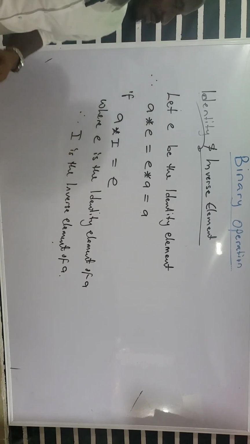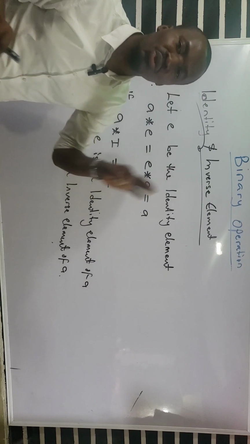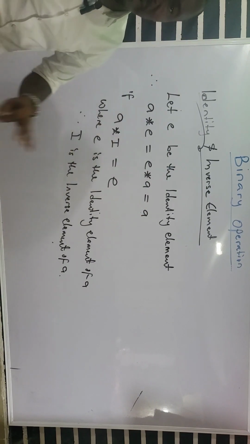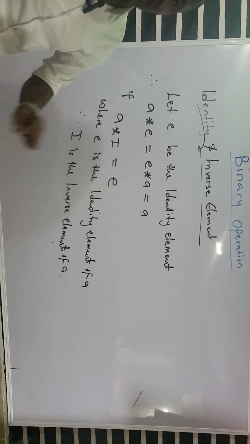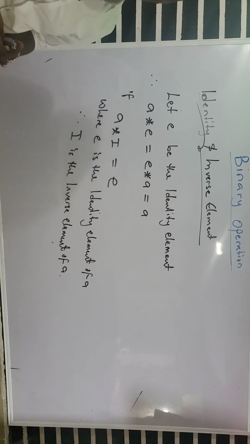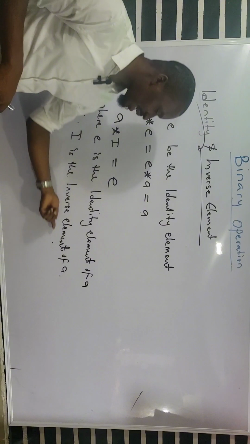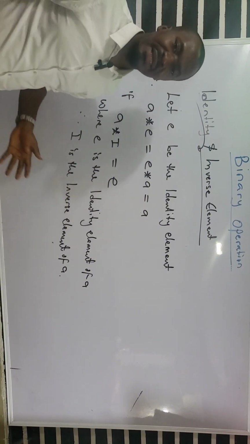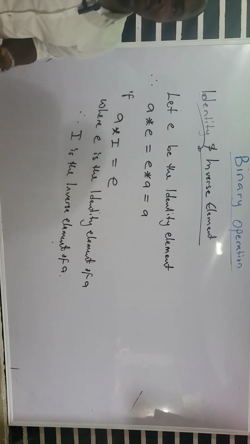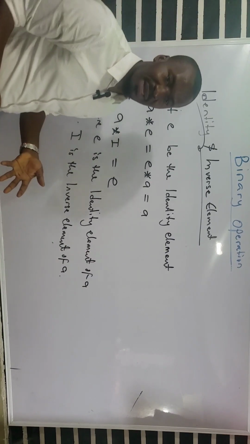So what does that mean? It simply means that you cannot find the inverse element without knowing the identity of that element. So the first thing you do is to get the identity element. Now you can proceed to find the inverse element.